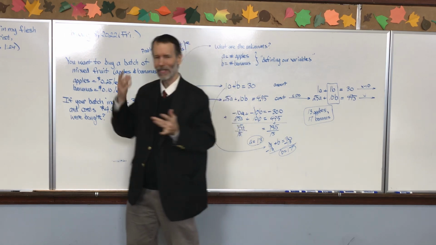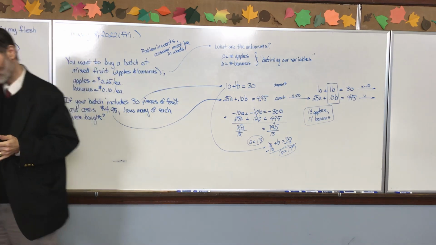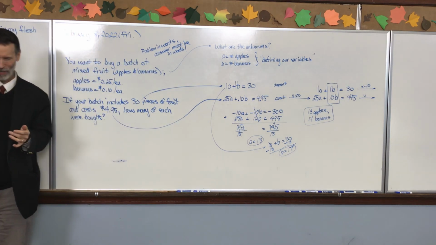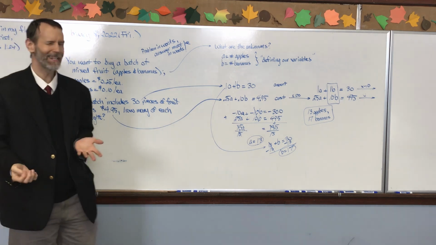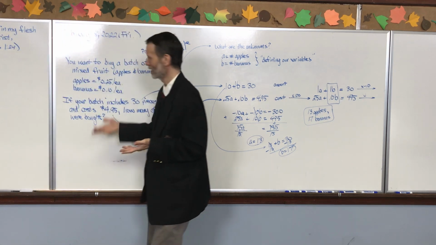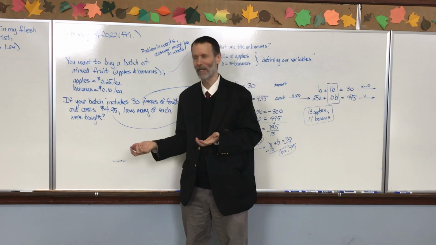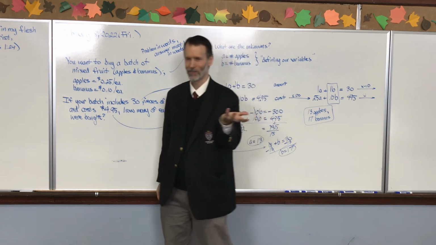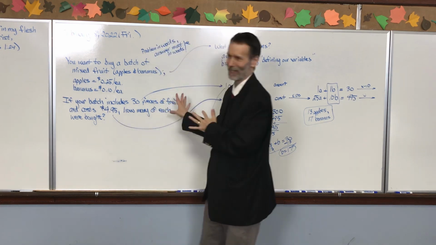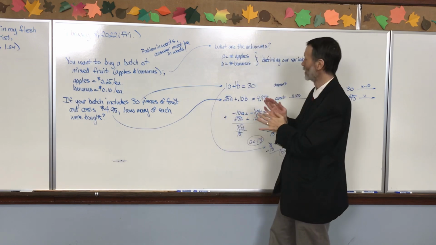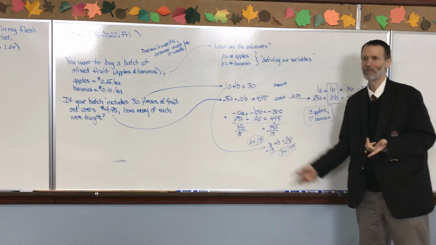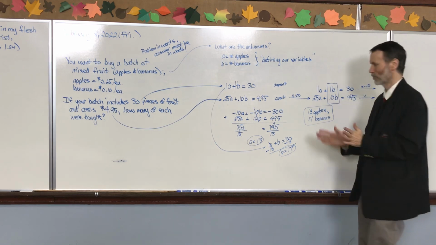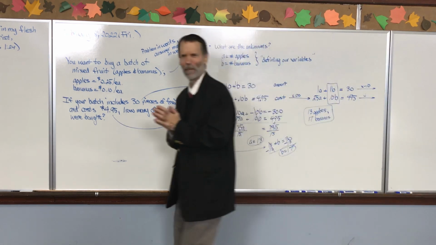But if you're going into a chemistry shop and you want two different chemicals, chemical A and chemical B, you might not necessarily get a whole number. You might get 2.5 ounces of chemical A and 1.3 ounces of chemical B, and good luck guessing those. But if you set it up like this, you should be able to solve it even if the answers are fractions or decimals. It should work no matter what. Does that make sense?